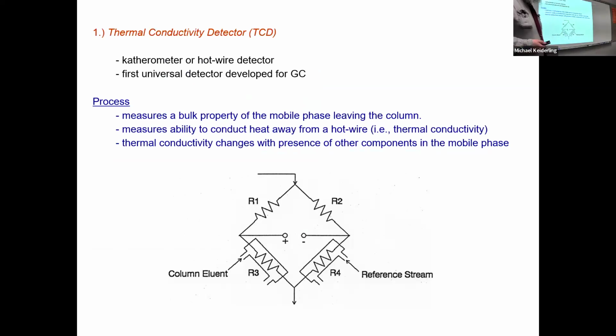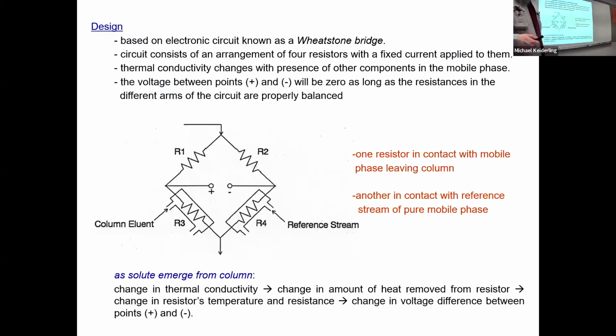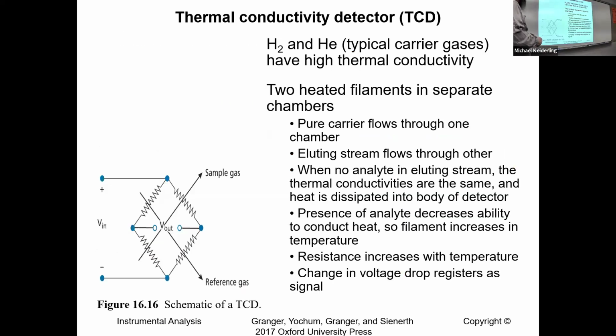This is why you use hydrogen or helium for it, because their thermal conductivity is very unlike other gases. So this uses a Wheatstone bridge, and hydrogen and helium are the carrier gases.